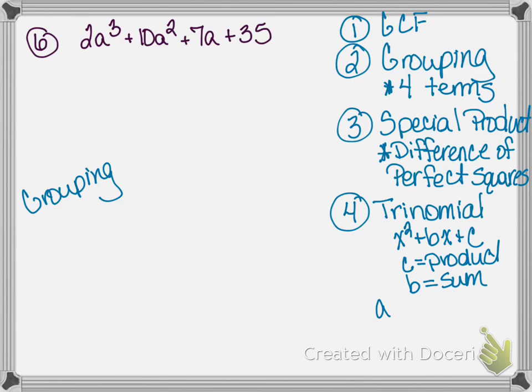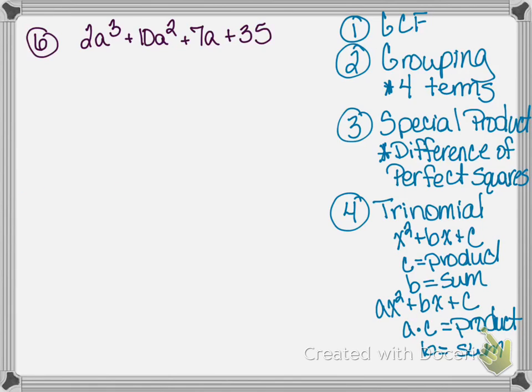Then you have ax squared plus bx plus c, and that's when a times c is your product and b is your sum. Okay, so to factor by grouping, what we do is we are going to look at my first 2.